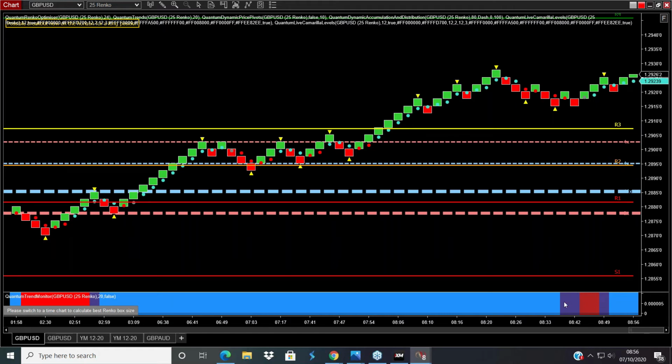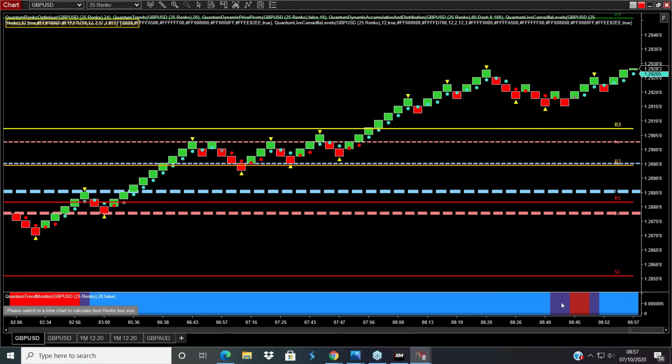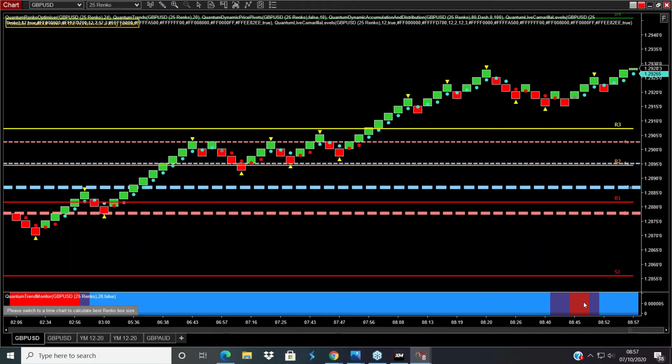We didn't get the transition into the bright red as we saw back here, or the bright blue when we saw the start of this trend higher. So it's up to you. If you see the trend monitor flopping out of a bright color into the intermediate color, and the bright color doesn't come in, it depends. It's what you see on the chart.